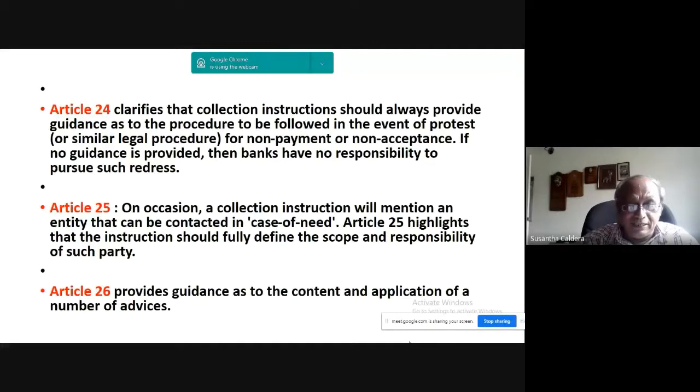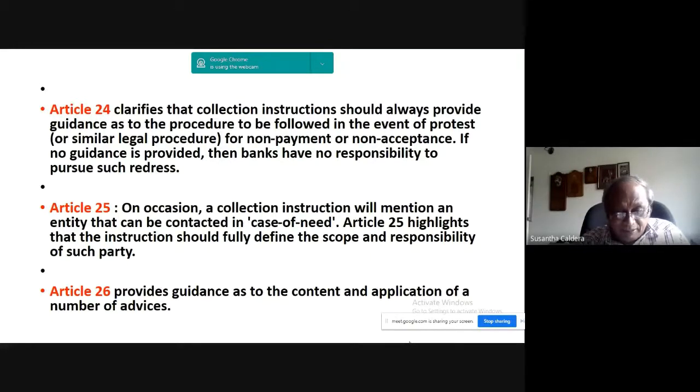Form of advice. A. All advices and all information from the collecting bank to the bank from which the collection instruction was received must bear appropriate details, including in all cases the remitting bank's reference as stated in the collection instruction. It's a very simple instruction, but practically you all are practicing this. When you are sending a SWIFT message, you mention the remitting bank's reference numbers, right?